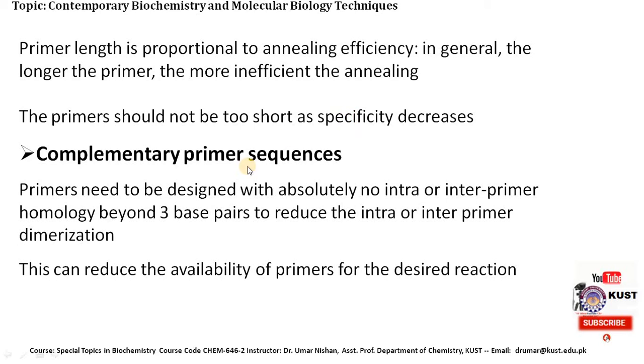Complementary primer sequences. This is very important. It has to be kept in mind that primers need to be designed with absolutely no intra or inter-primer homology beyond 3 base pairs to reduce the intra or inter-primer dimerization.